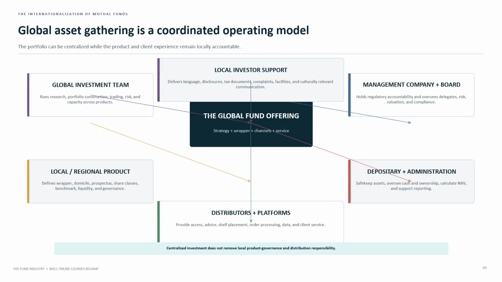The investment team can be centralized, but the product and client experience remain locally accountable. The global investment team runs research, portfolio construction, trading, risk, and capacity. A local or regional product team converts that strategy into a wrapper, prospectus, benchmark, liquidity policy, and share class structure that investors in the target market can use. The management company and board hold regulatory accountability and oversee delegates, valuation, risk, compliance, and conflicts.